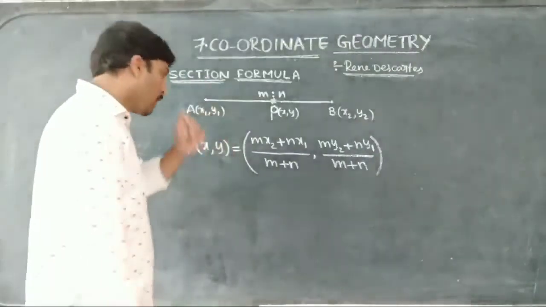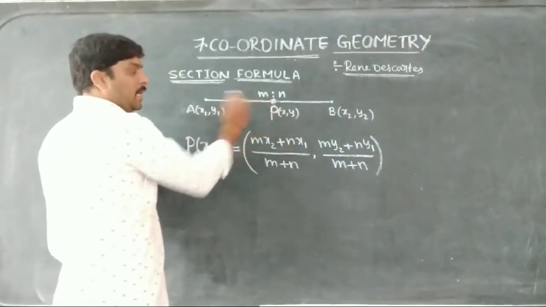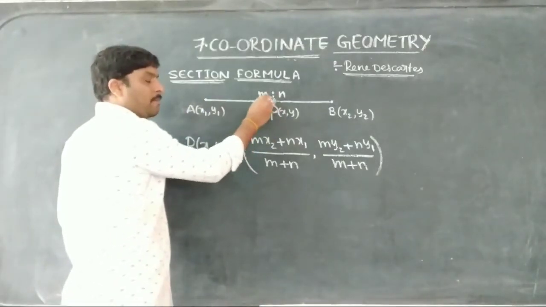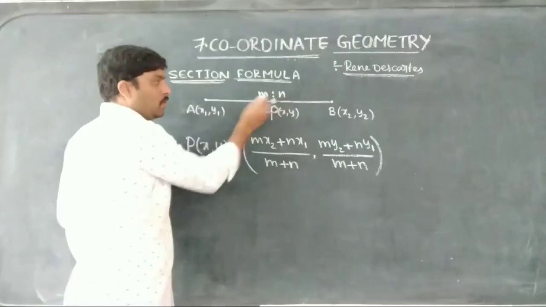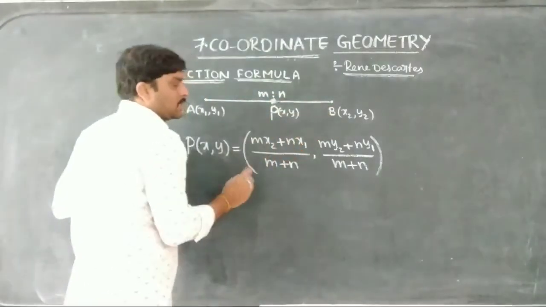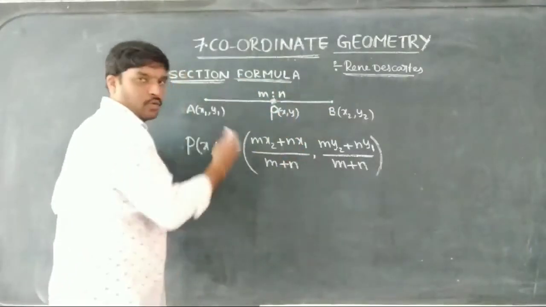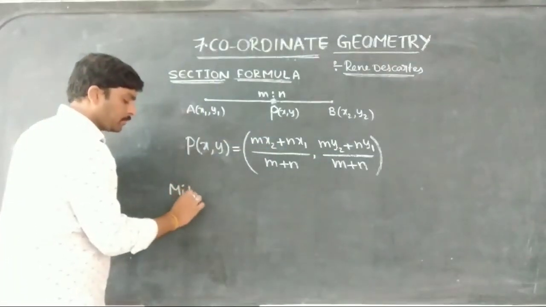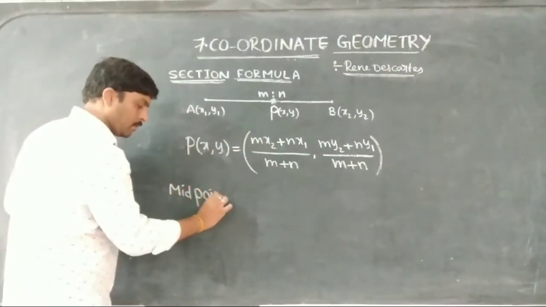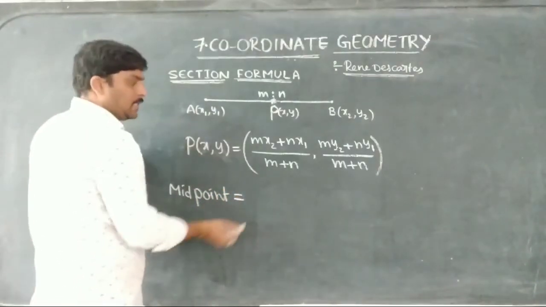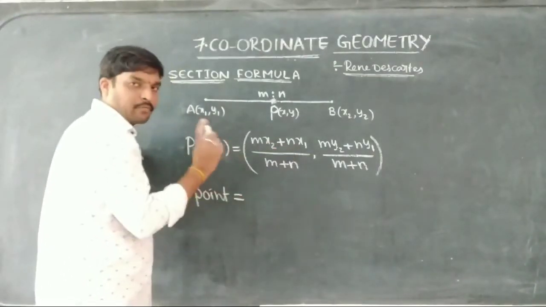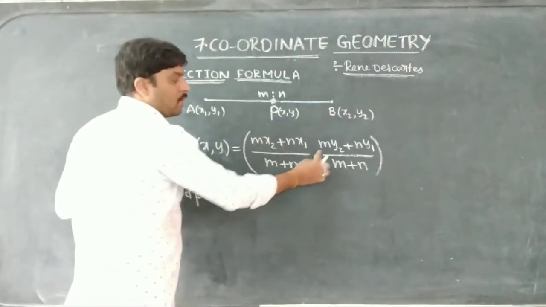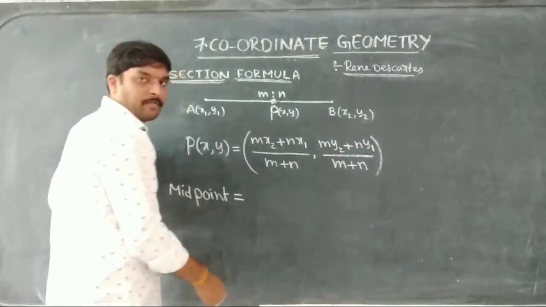Okay, if P is the midpoint, the ratio m is to n means these two are equal parts, 1 is to 1, 2 is to 2, 3 is to 3. So for the midpoint, m value can be 1: (1x2 plus 1x1) by (1 plus 1), (1y2 plus 1y1) by (1 plus 1).